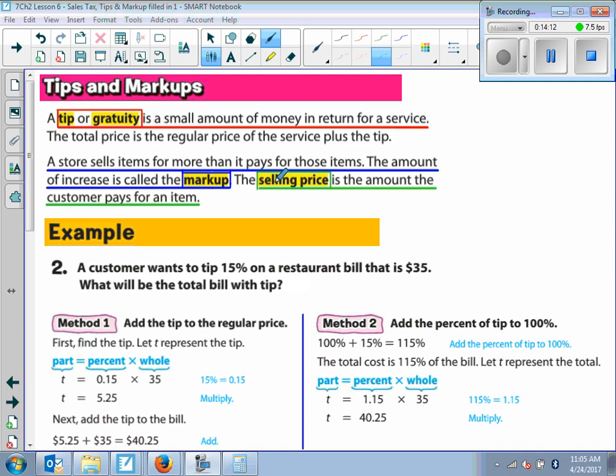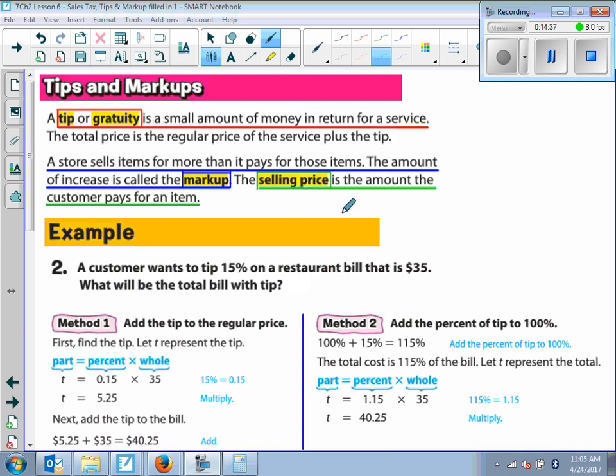The store maybe paid $35. I'm just guessing, okay? They paid $35, but they're charging you a markup amount so that they can make a profit, and that they can cover like money for rent and things like that. Okay, so stores mark up an item so that they cover costs and make a profit.